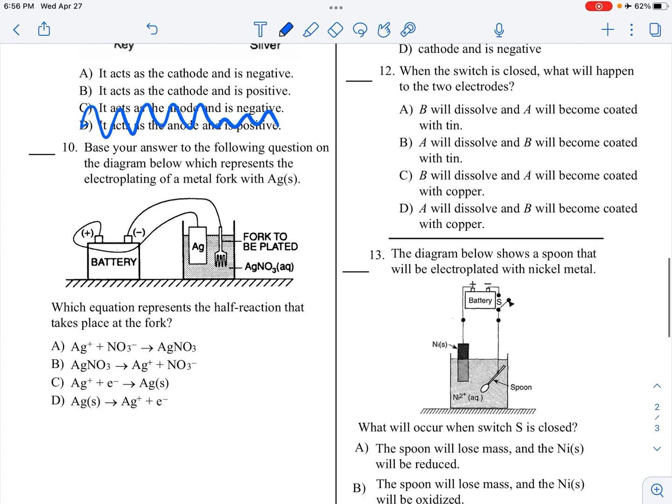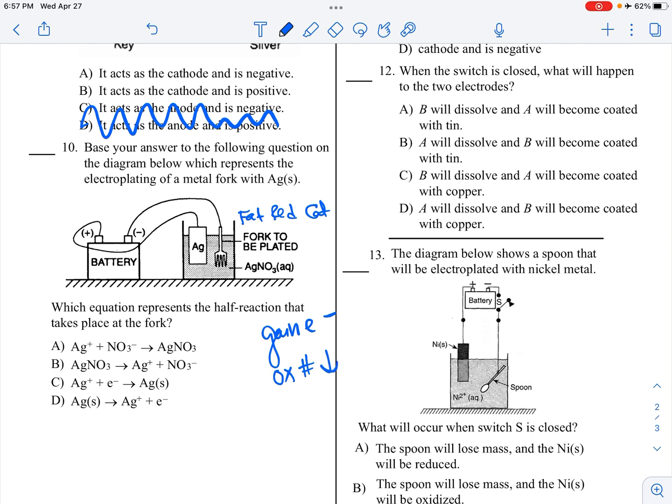Okay. Which equation represents the half reaction taking place at the fork? So remember, the fork is the fat red cat. Getting larger, larger, larger. So who is gaining electrons? And remember, when you gain electrons, your oxidation number decreases.